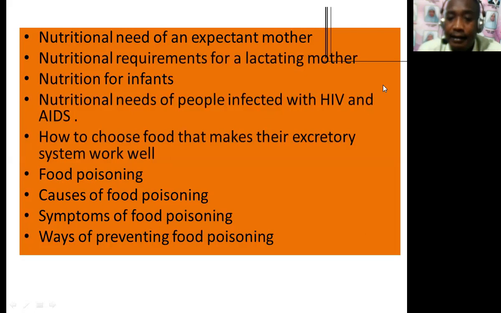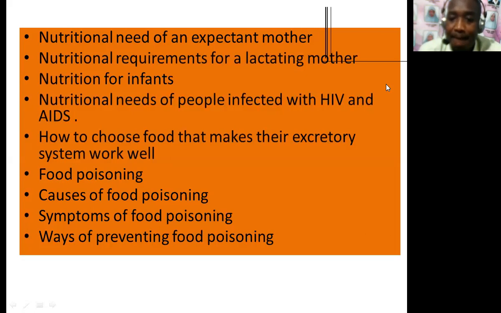Ten, food remains should be reheated properly under high temperatures before being served. Frozen foods should be allowed to fully boil before use. Eleven, food leftovers should be cooled completely before storage.